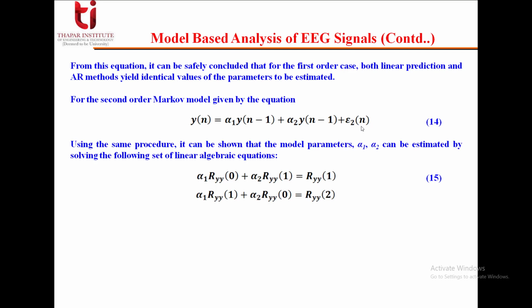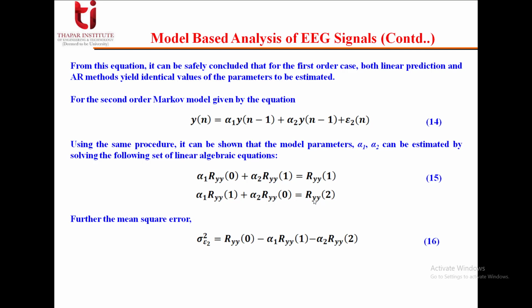Using the same procedure, we can write two equations in terms of the model parameters alpha 1, alpha 2, and they can be estimated by solving these algebraic equations. So it will be alpha 1 ryy0 plus alpha 2 ryy1, that will be equal to ryy1, and the second equation is alpha 1 ryy1 plus alpha 2 ryy0, that will be equal to ryy2.